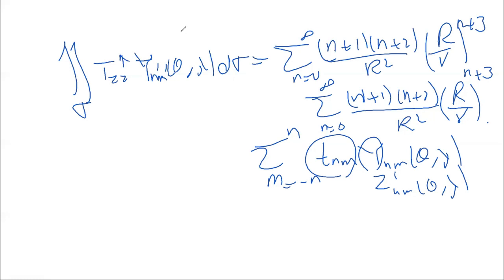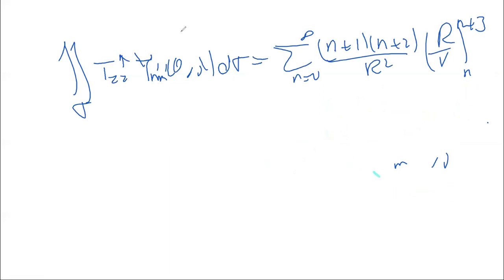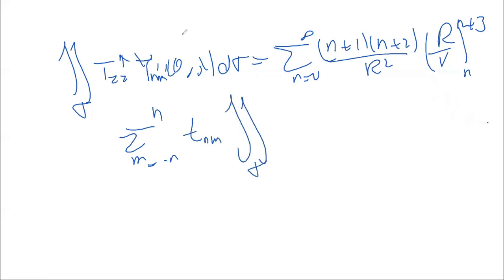And here, let me clean this part. I will continue there, down there. Then we will summation m minus n to n, t and m. And now the integral comes in, and one have already Y and m here from the formula, and I multiply one the other.